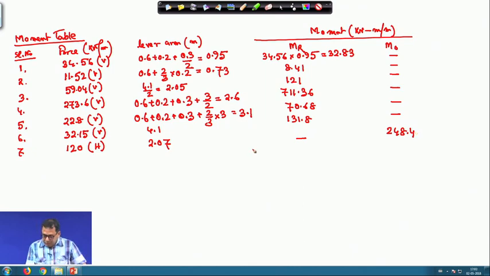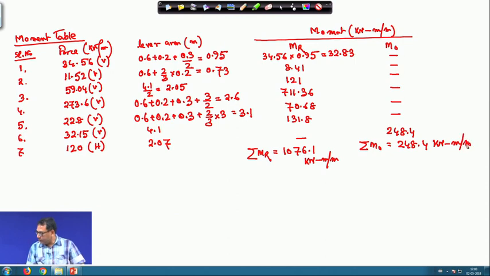Okay. So, the summation of the resisting moment is 1076.1, and the summation of overturning moment is 248.4 kilonewton meter per meter.